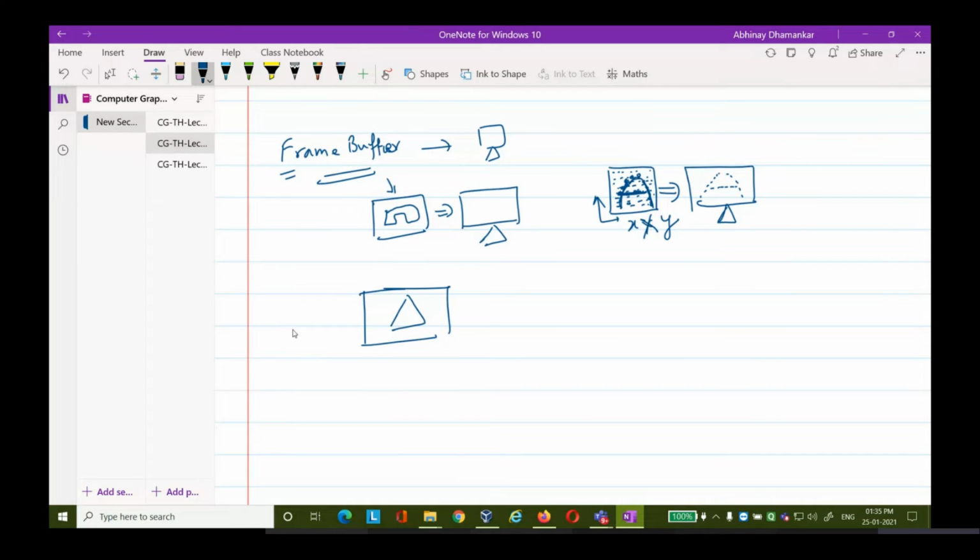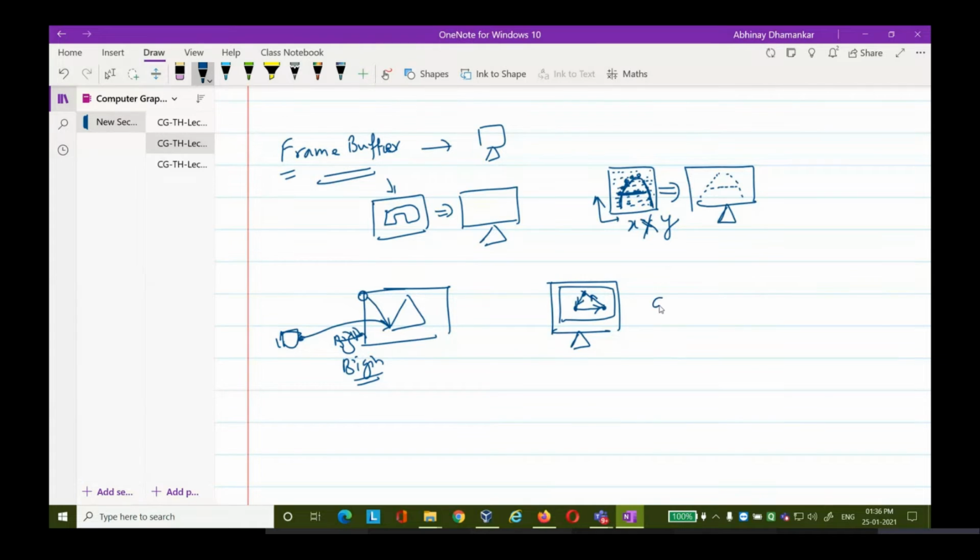So in the random scan, we have to redirect our beam. For example, this is the beam, from here to move here at the beginning. So definitely for the monitor, we have to redirect our beam to start from this location, go here, then go upward, go downwards like this way.